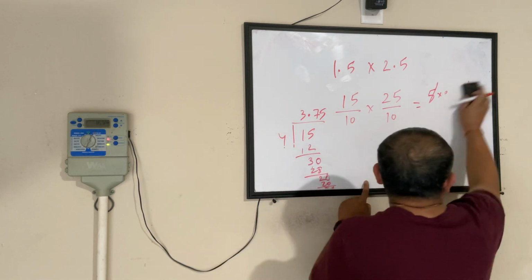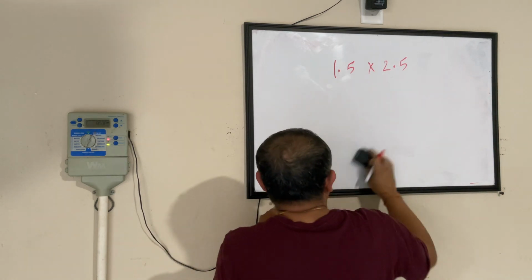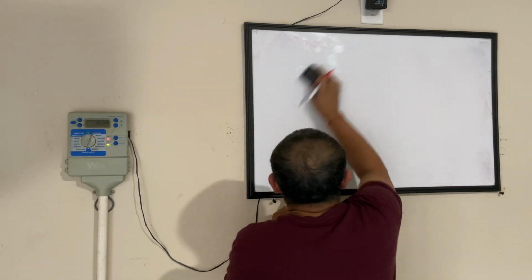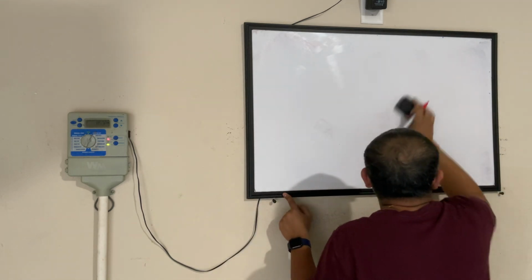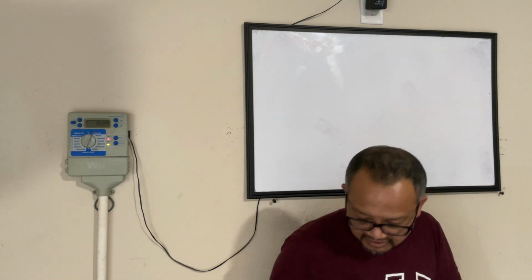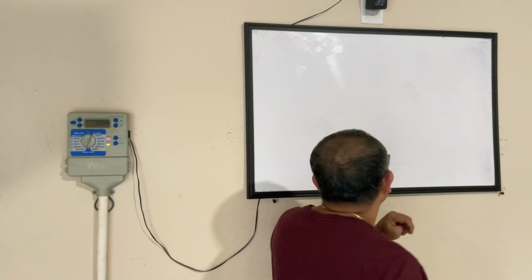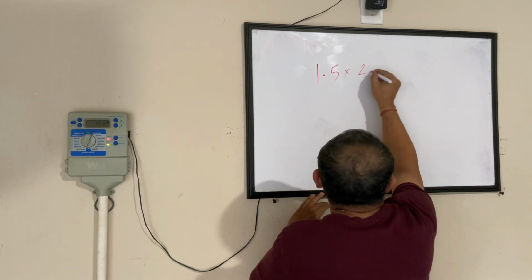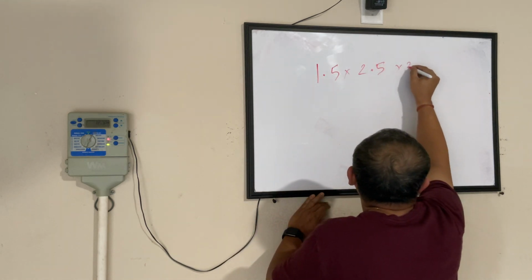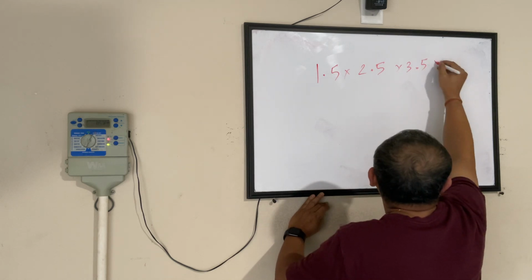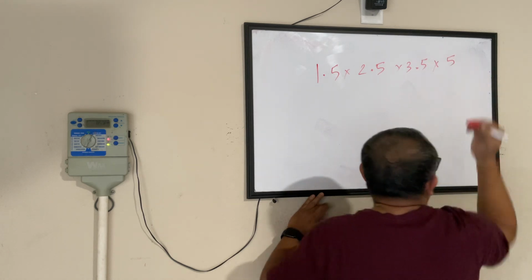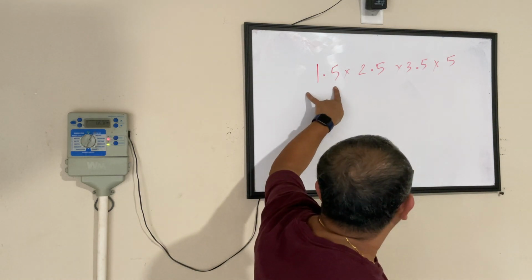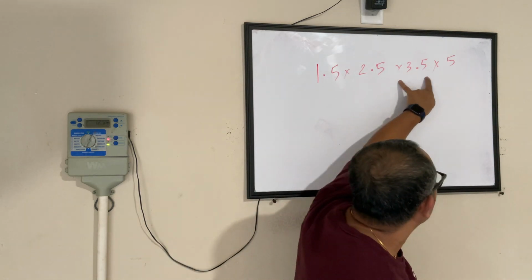Okay, now let's do one more sum, because I see that some of you are still spending a lot of time but not able to get to the answer. Let's multiply 1.5 with 2.5 with 3.5 and then with 5.